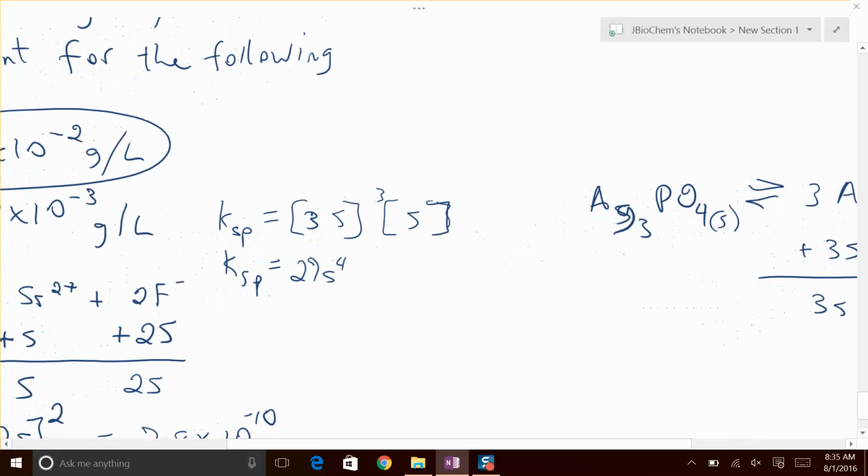Okay, did you guys find a Ksp? What'd you find? 5.44 times 10 to the negative 8? Maybe? Nope. Okay, so yeah, that's more of what it should be.